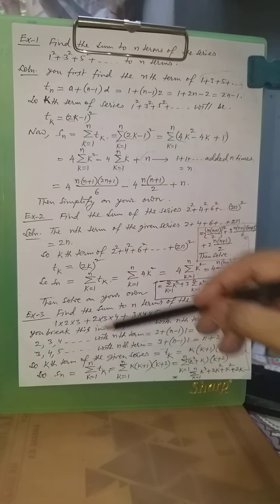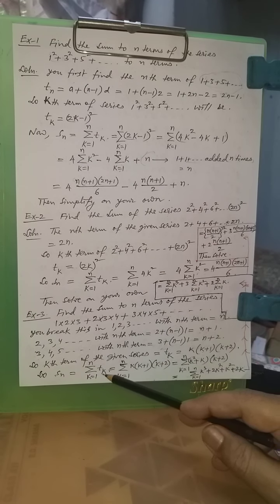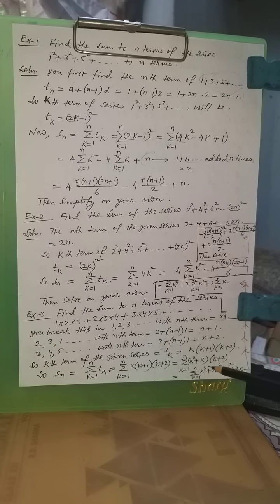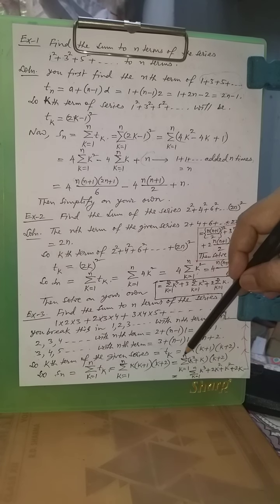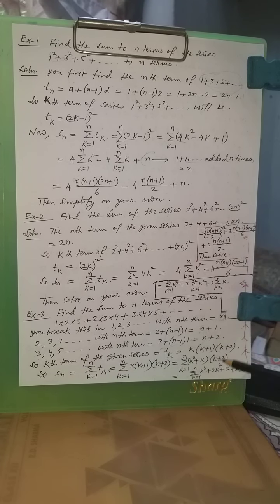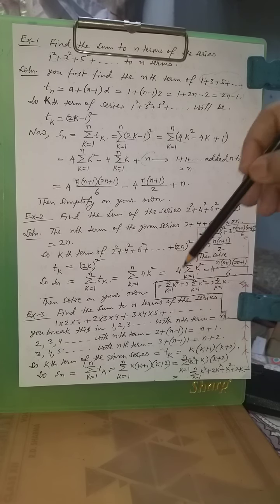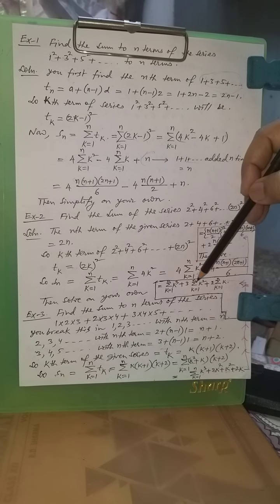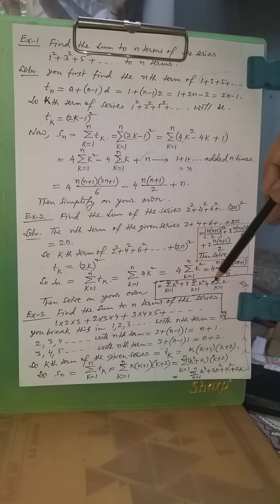So Sn is equal to sigma k is equal to 1 to n tk, and after calculation you are getting k cube plus 2k square plus k square plus 2k. This further simplification is done over here as the space was not there. So sigma k cube plus 3 sigma k square plus 2 sigma k, k is equal to 1 to n.